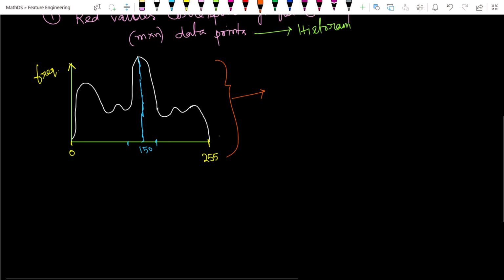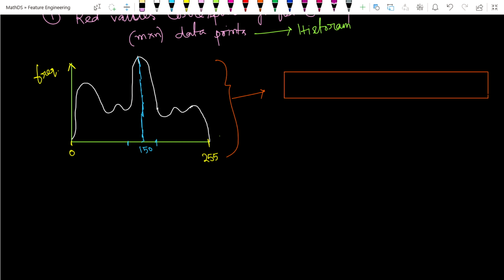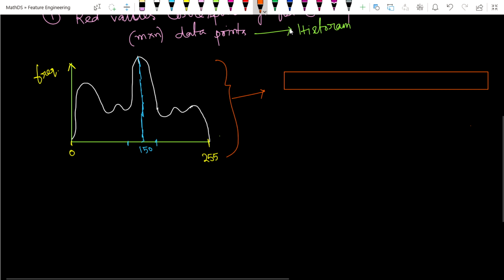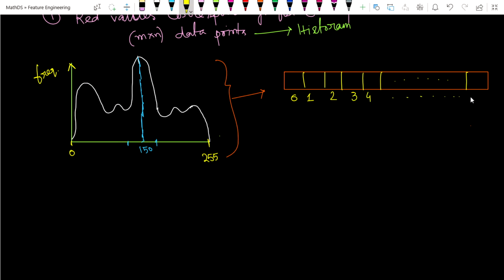So how much value do we have? 0 to 255. So the first value is 0, 1, 2, 3, 4, and so on up to 255.